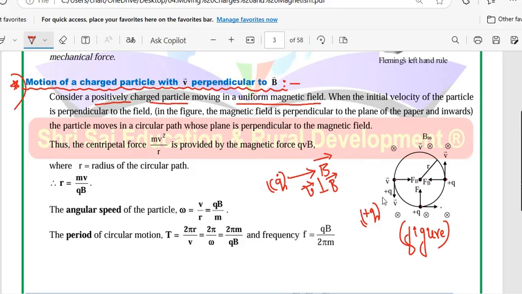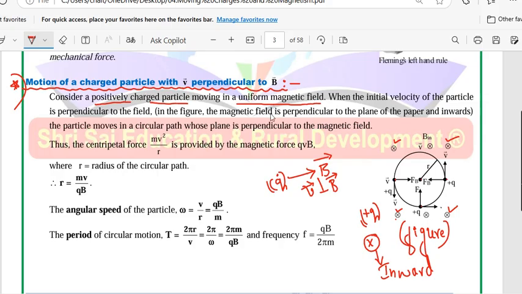See, this denotion is nothing but inward. Okay, inward. So whatever the denotions are there, those are inward.